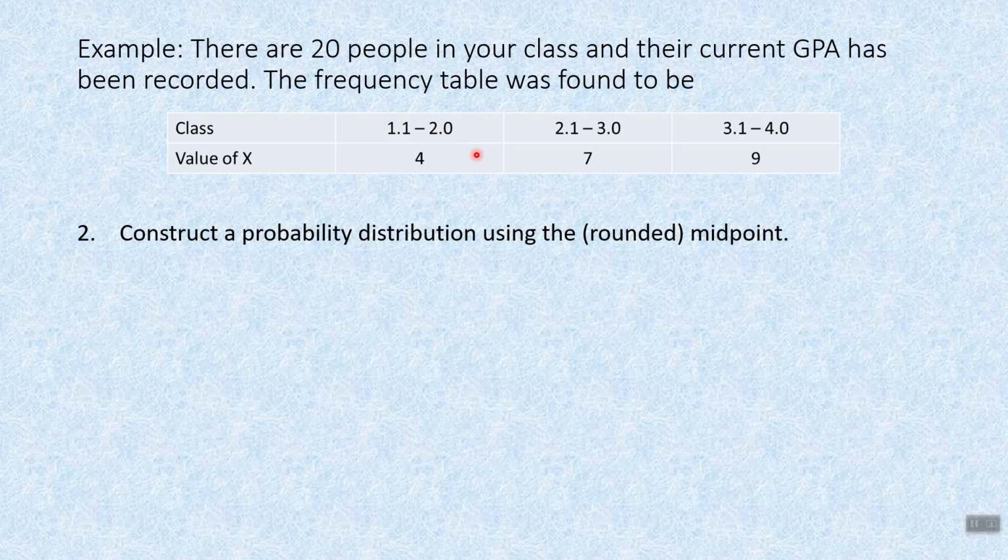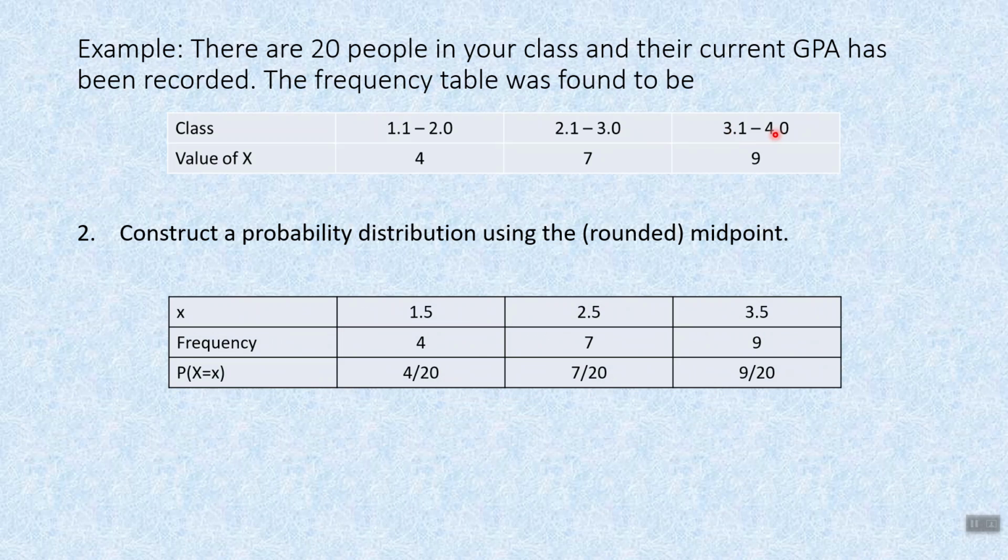But we don't use 1.55, the true midpoint. We use the rounded midpoint. The essence of this is between 1 and 2, between 2 and 3, between 3 and 4. So as we use a rounded midpoint, what's between 1 and 2? 1.5. What's between 2 and 3? 2.5. So we use a rounded midpoint in order to establish our lowercase x value, instead of using the class itself.